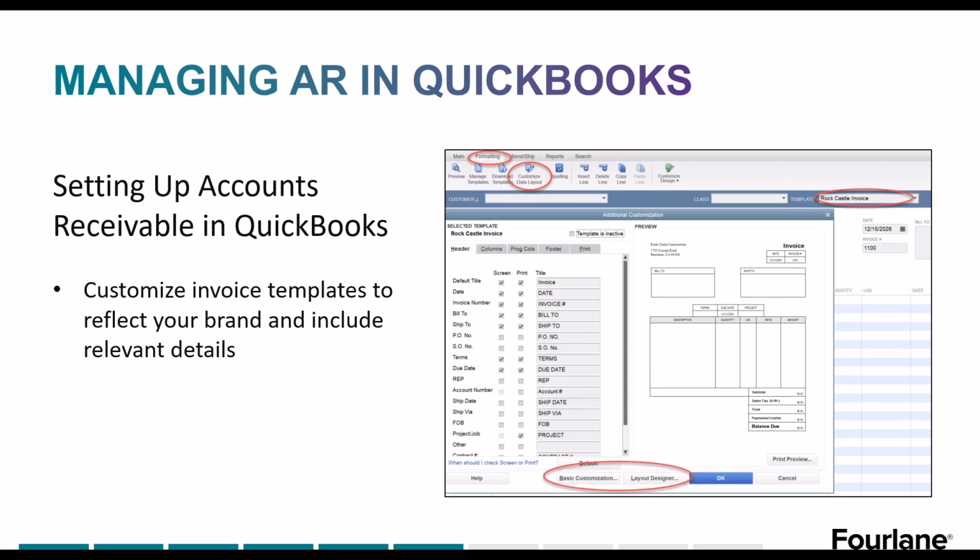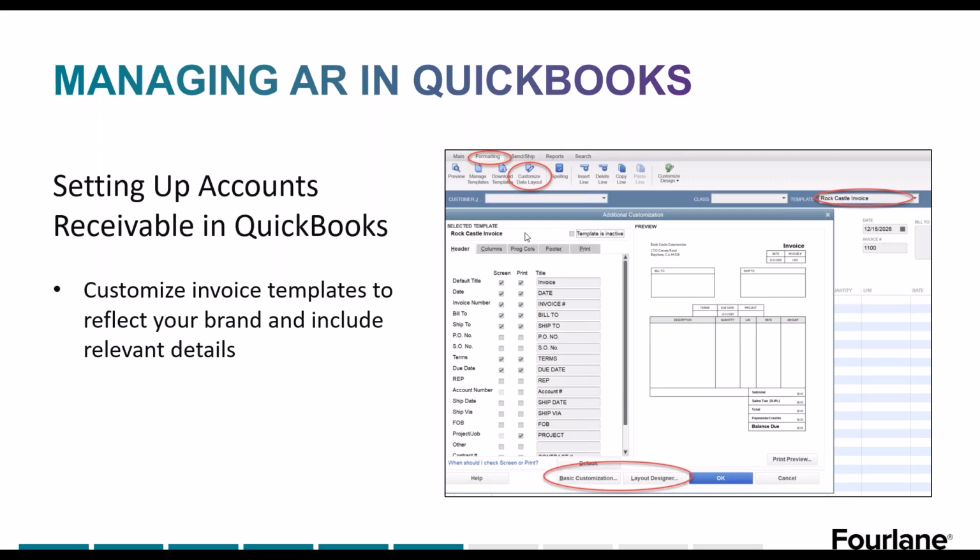So you would go under formatting, and then you'd select customize data layout. And you can see this is in the customer's profile. Here we have selected the Castle Rock invoice. So you can save multiple invoices, different styles if you wish. They may have different purposes. Maybe one's for a billing company, maybe one's for a customer, whatever you need to have it.